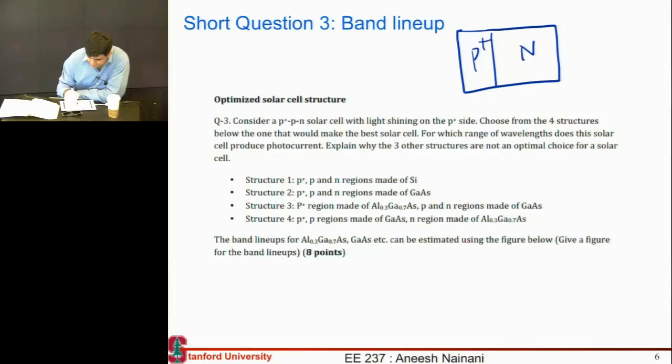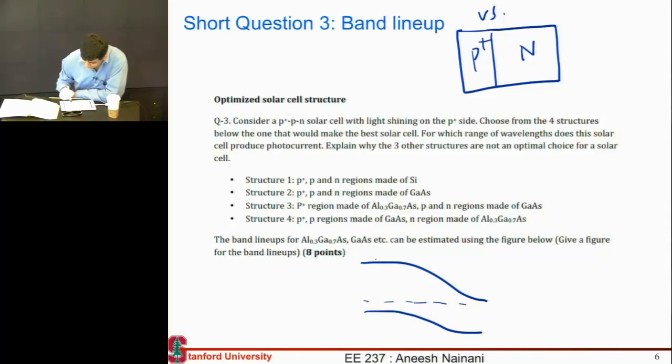What should be the band lineup of this P material versus this N material? I usually use the same material, and that gives me a band lineup something like this.